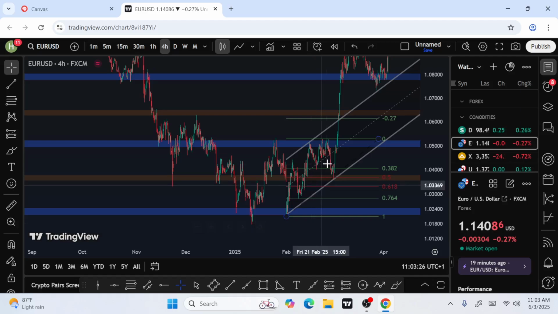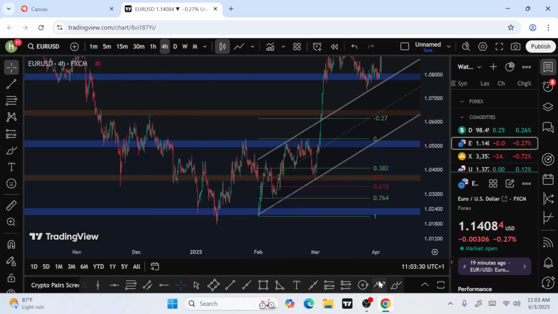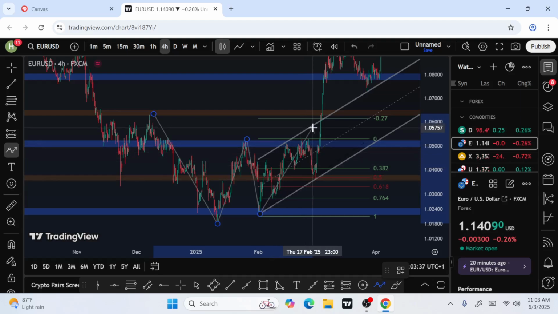W pattern. Can you see the W pattern? Do you see that? Where's the neckline of this W? This major zone. Is that not so?